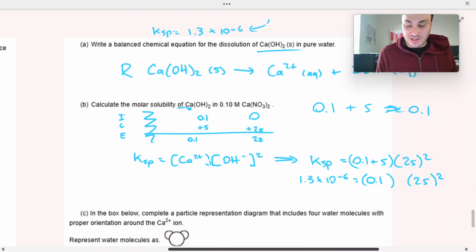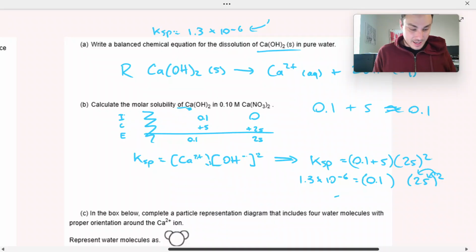So that turns that to this, and that makes this question a whole lot better algebraically to solve for. If we do that, we do 1.3 times 10 to the negative 6 divided by 0.1. I'm going to do some algebra in my head, distribute this square, divide that by 4, and then square root that answer.